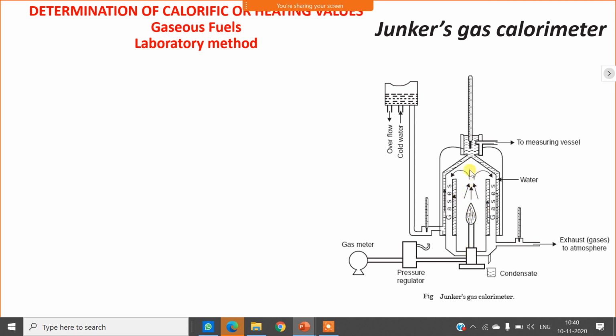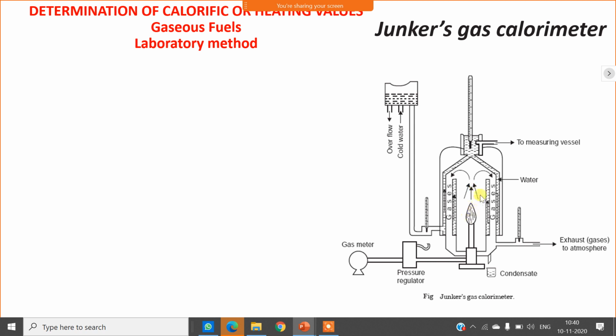The combustible gases flow inside the calorimeter and reject heat to the water. Water absorbs the heat from the combustible gases and increases its temperature from T1 to T2. Therefore, heat lost by the combustible gases is equal to heat absorbed by the water.